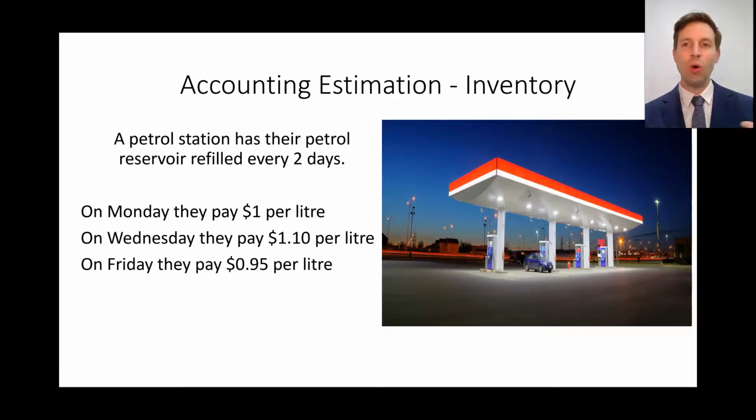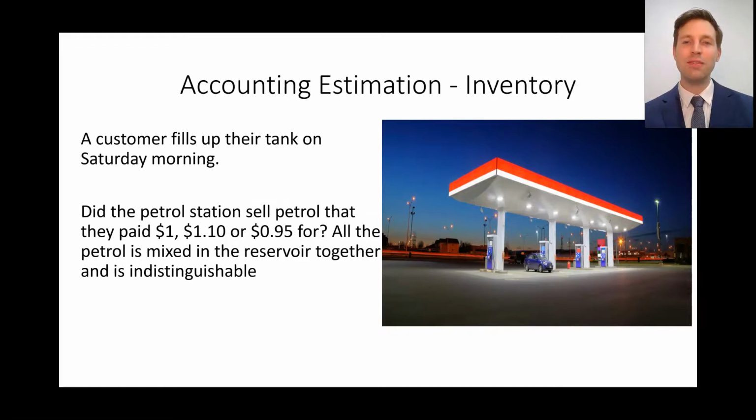Within that reservoir, all the petrol is mixing together. So when a customer comes along on Saturday and fills up their petrol tank, the business doesn't know the price of the inventory that they actually sold. Did they sell petrol that they'd purchased on Monday, Wednesday, or Friday? So they have to make a guess. They have to guess at which price they sold their inventory.